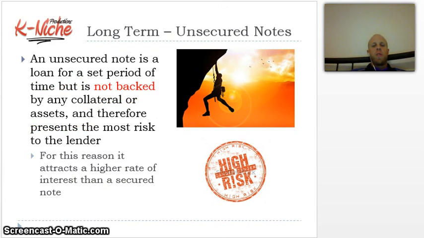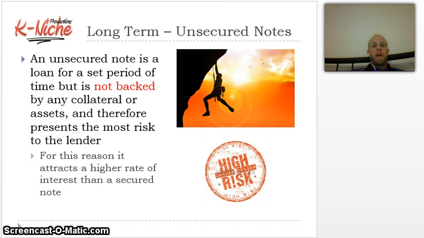So our next one is unsecured notes. Now, unlike debentures and mortgages, the debt that a business is taking on is not actually secured by anything. So this form of debt is actually the highest risk for lenders.